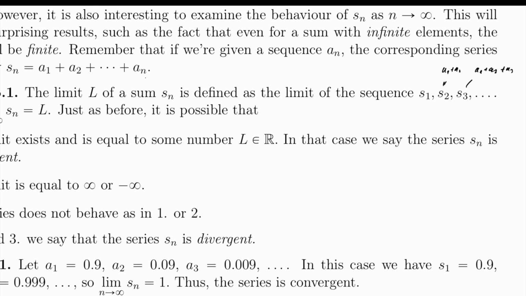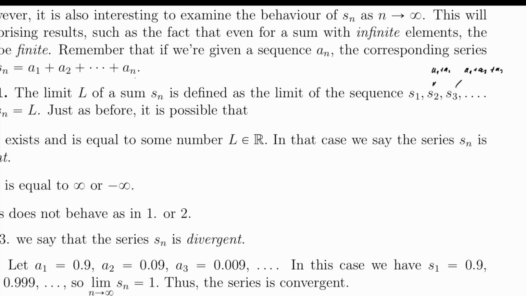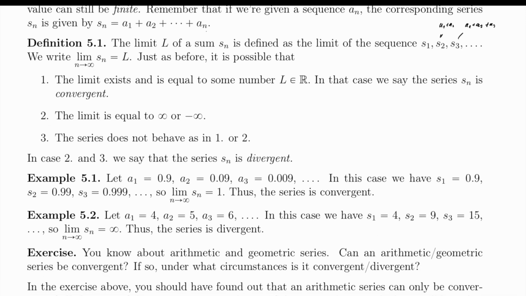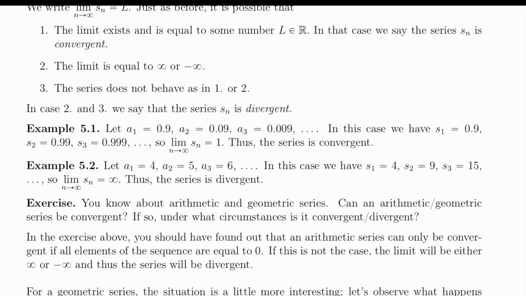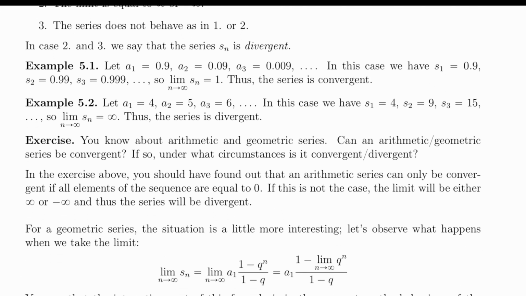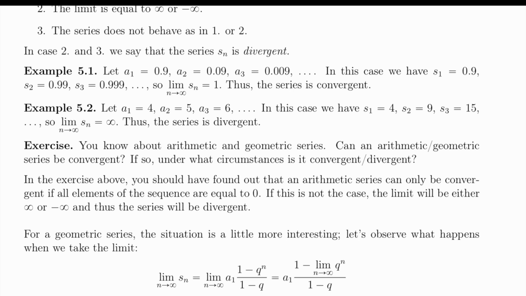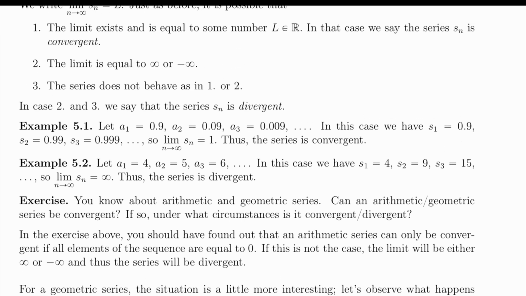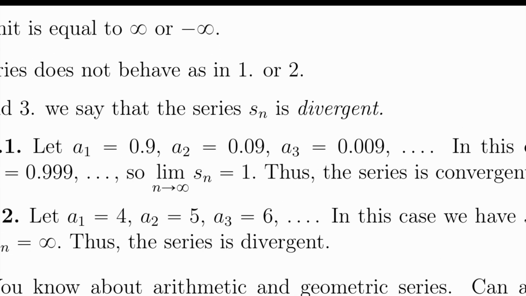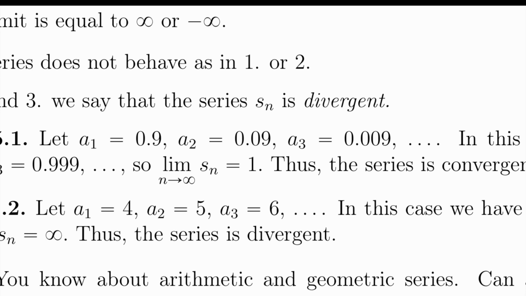So the limit of a series is actually just the limit of the partial sums. What we looked at here was examples like, for instance, A1 is 0.9, A2 is 0.09, A3 is 0.009, and so forth.